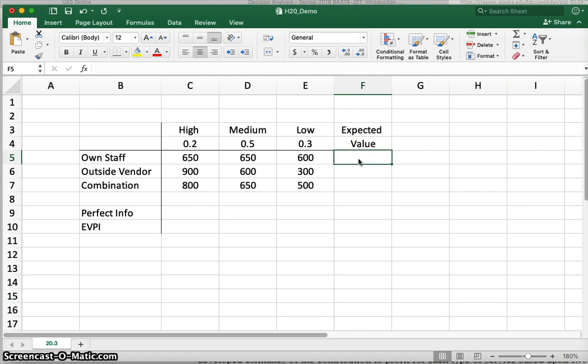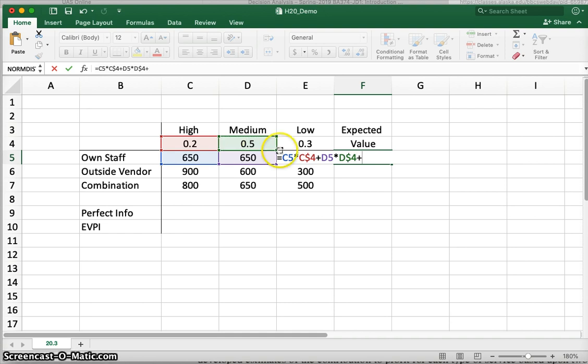We'll say that the expected value of the first decision would equal the result times the probability. Now I'm going to make the row constant. Plus, what would happen with medium demand times the probability, and I'm going to make that constant.